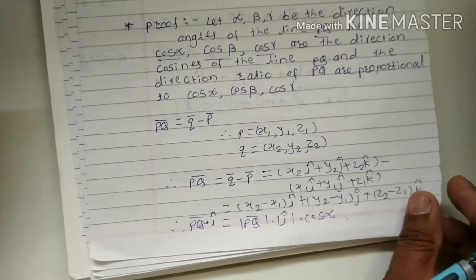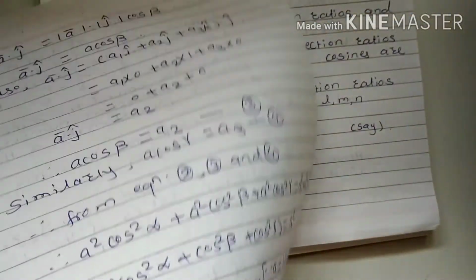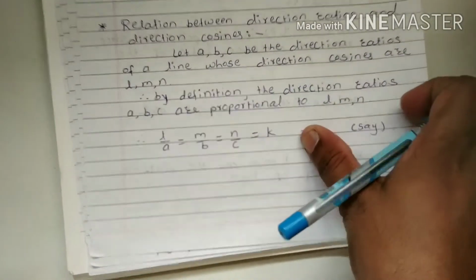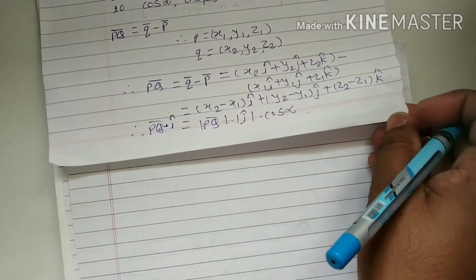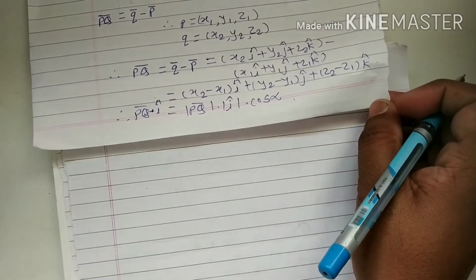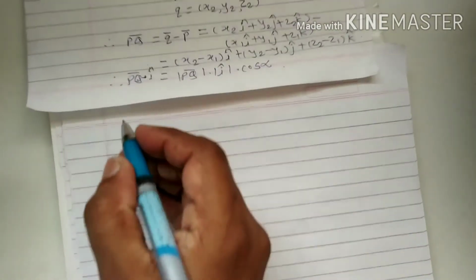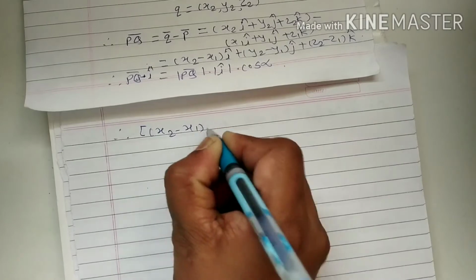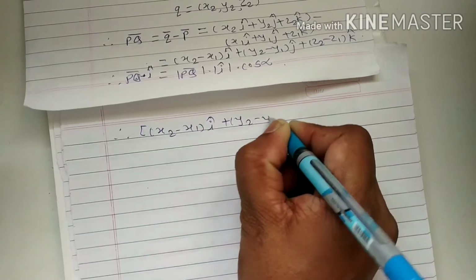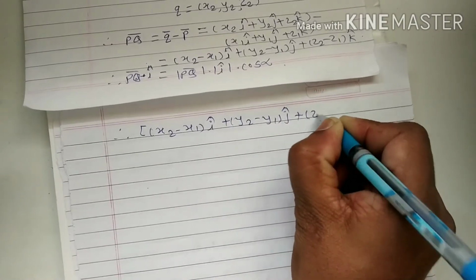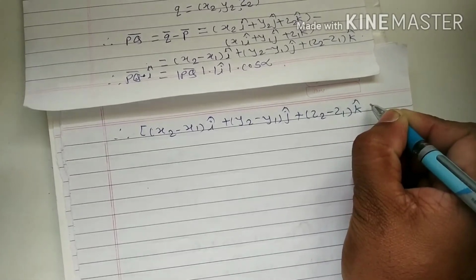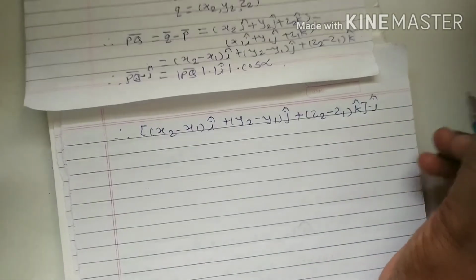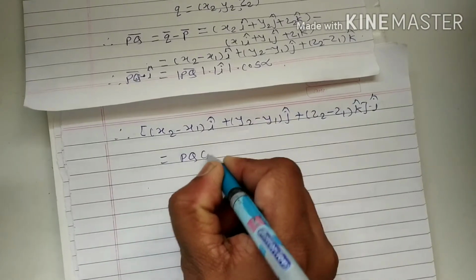Putting the values, PQ bar is x2 minus x1 into I cap plus y2 minus y1 into j cap plus z2 minus z1 into k cap, then dot I cap is equal to PQ cos alpha.